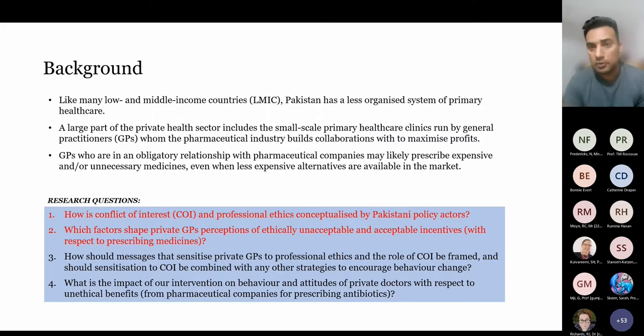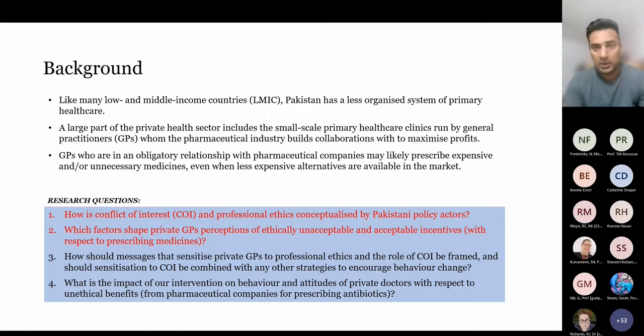So in terms of coming to the study background, I would like to start with the dynamics of Pakistani health system and then contextualize how pharmaceutical incentivization contributes to conflict of interest in medical practice and how incentivization to private general practitioners or GPs may affect quality of care in Pakistan. So Pakistani health system consists of public and private health sectors. And constitutionally, the federal and provincial governments are primarily responsible for health care provision.